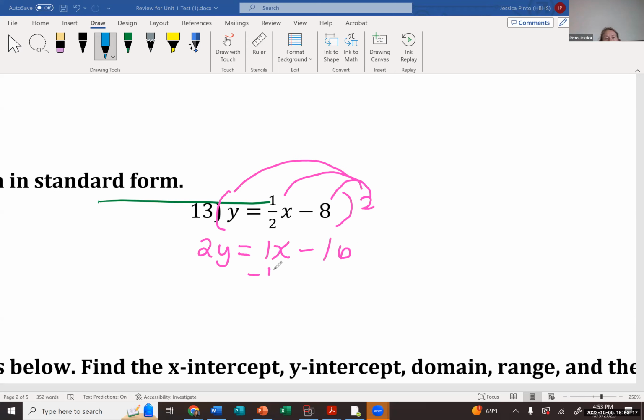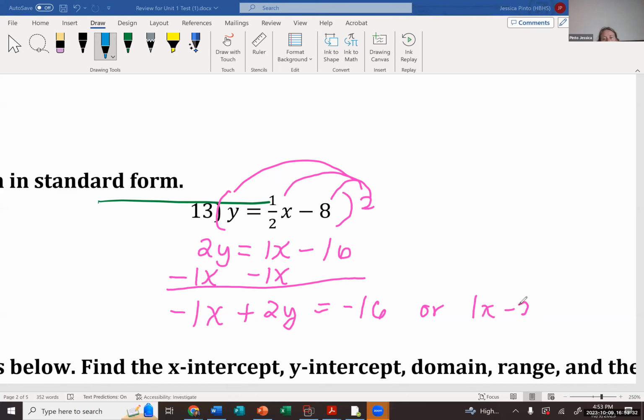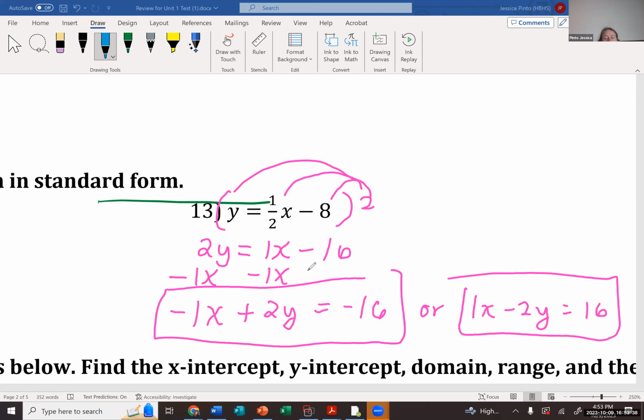And then I'm going to subtract 1x. And that's going to be negative 1x, positive 2y equals negative 16. Or 1x minus 2y is equal to 16. Either one is going to be great.